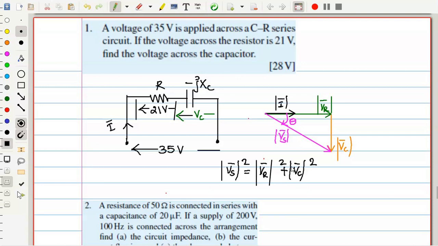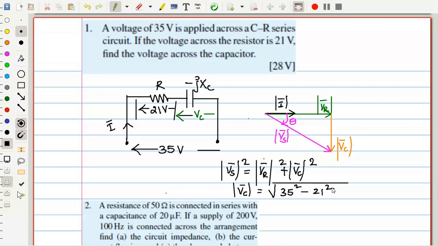Now you find the unknown, very easy. So what is Vc? We need the capacitor voltage. So Vc is equal to the square root of Vs square, how much is the Vs? 35, minus Vr square. How much is the Vr? 21 square. I wrote the answer directly.